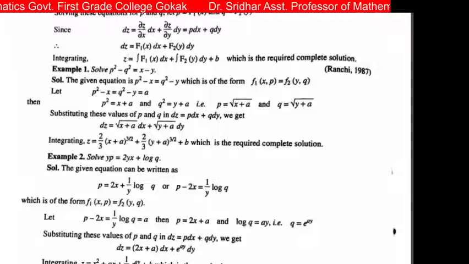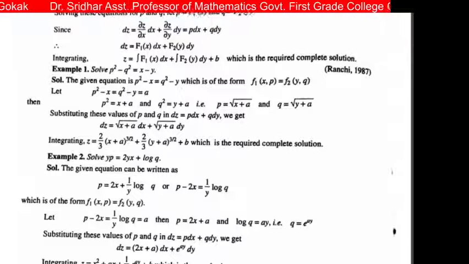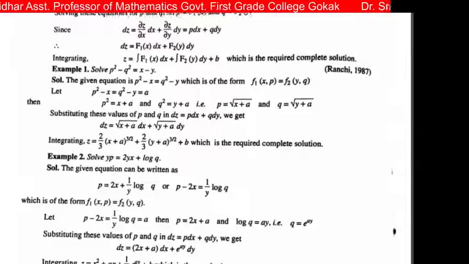That is, we take f1 of x, p equal to f2 of y, q is equal to a. So we equate each side of the equation equal to some constant, that is a.